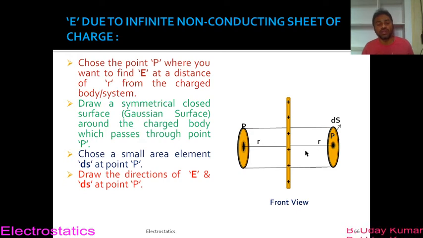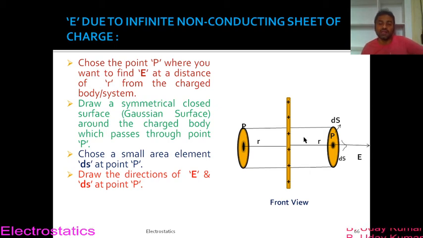Now you have to draw the directions of E and ds at point P. You already know that the electric lines of force are directed outwards, that means towards right and left. So in this region the electric field intensity will be directed outwards, and ds is also a circular surface like this, so the area vector ds will also be directed outwards, which is shown with this arrow.